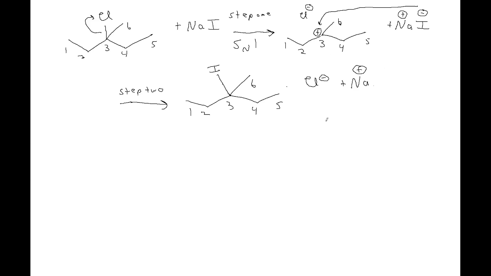Nature doesn't like that either. So which step is the hard step? Step 1. Nature likes step 2 because then you're getting rid of some charges. So nature likes step 2. It doesn't like step 1. So which is the slow step? Step 1. So which is the rate determining step? Step 1.